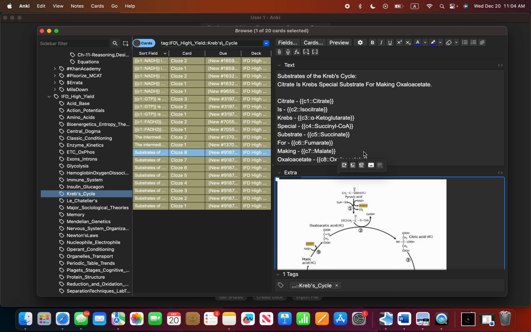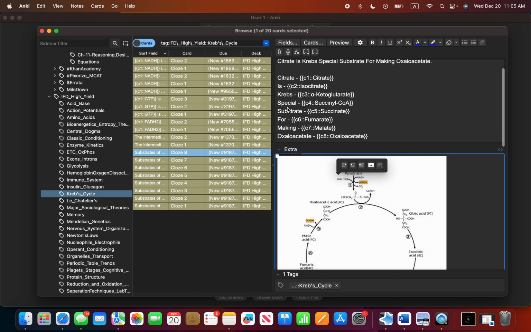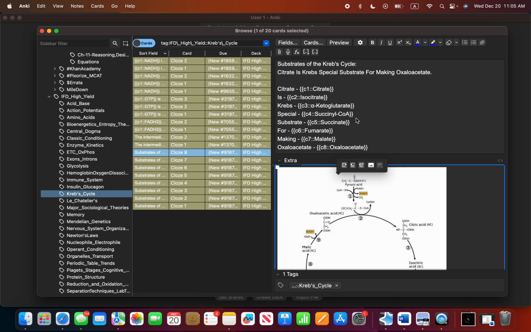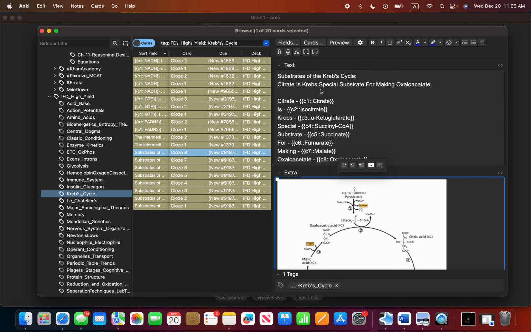Now we have citrate, isocitrate. Oh, there was a mnemonic for this, right? Like selling seashells for making. Citrate is Krebs' special substrate for making oxaloacetate. Citrate is Krebs' special substrate for making oxaloacetate.